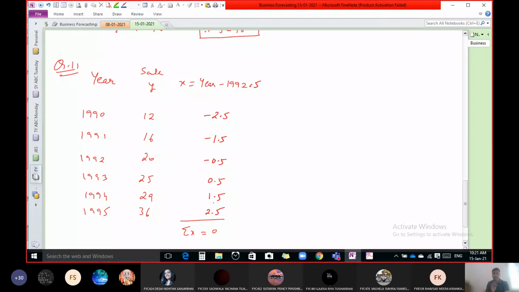Now see, total of x is 0. So it will reduce our calculation.